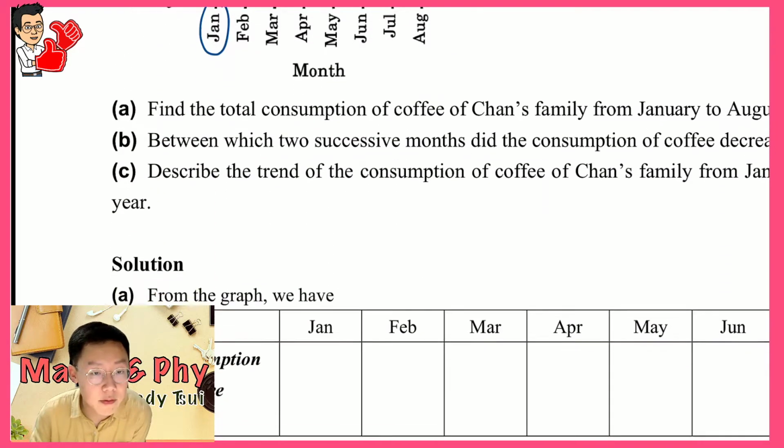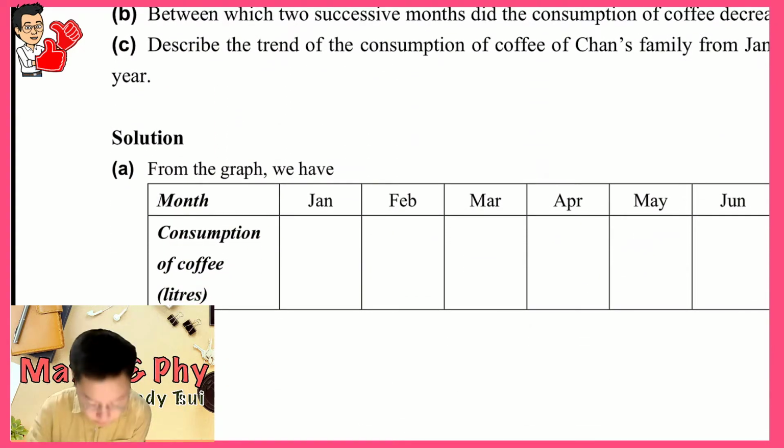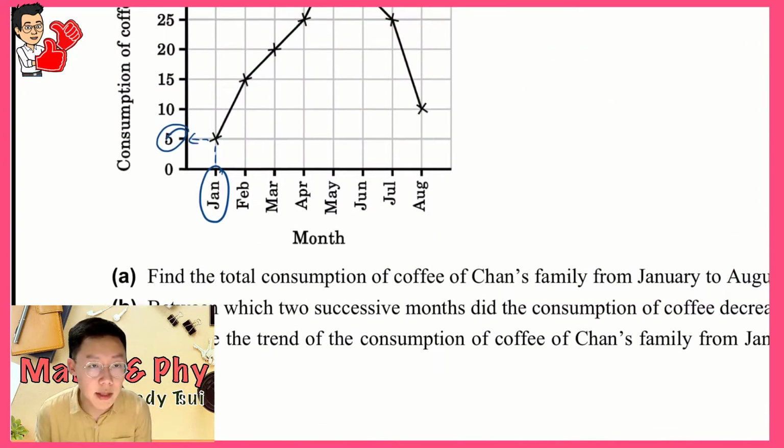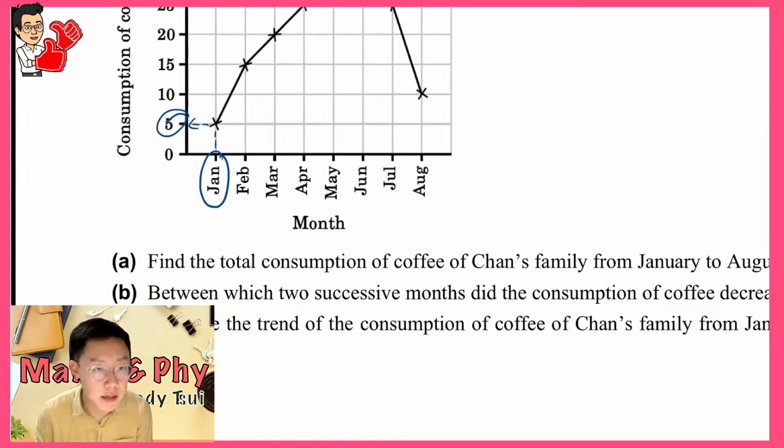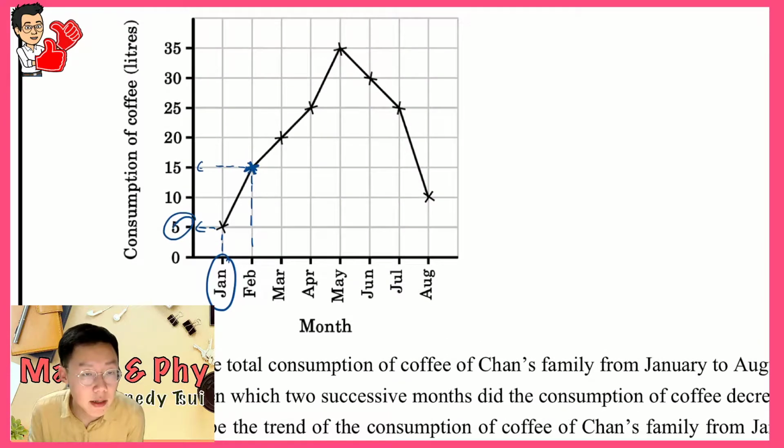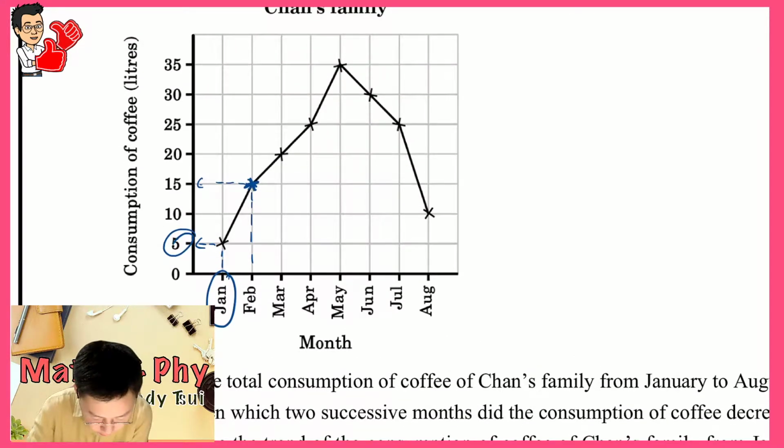So in this case, I can write down 5 at January. 5 liters. And how about February? When we see the point on this broken line, here you can see it is 15.